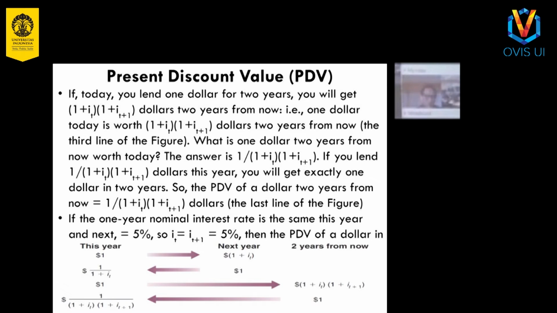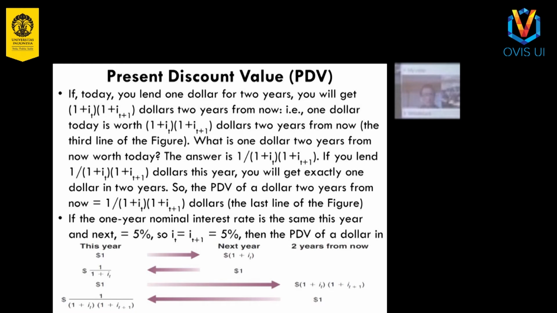Now, of course, when you do that, you expect you will get some interest, right? Let's assume the interest rate today for this year is I, so this is the I for this year, and then the interest rate for next year, which is the second year, is I(t+1), okay?